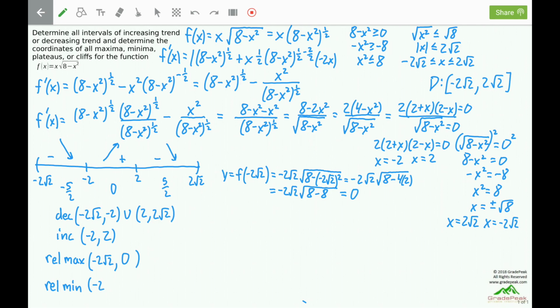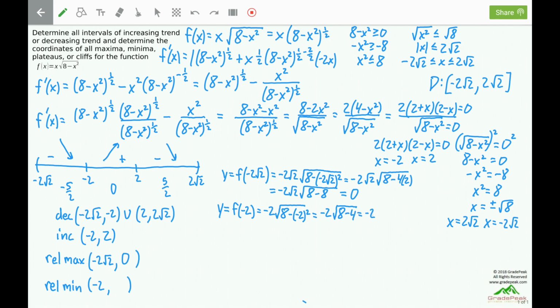It has an x-coordinate of negative 2 and a corresponding y-coordinate that can be found by plugging negative 2 into the original function, which will give negative 2 times the square root of 8 minus negative 2 squared, which is negative 2 times the square root of 8 minus negative 2 squared will be a positive 4.